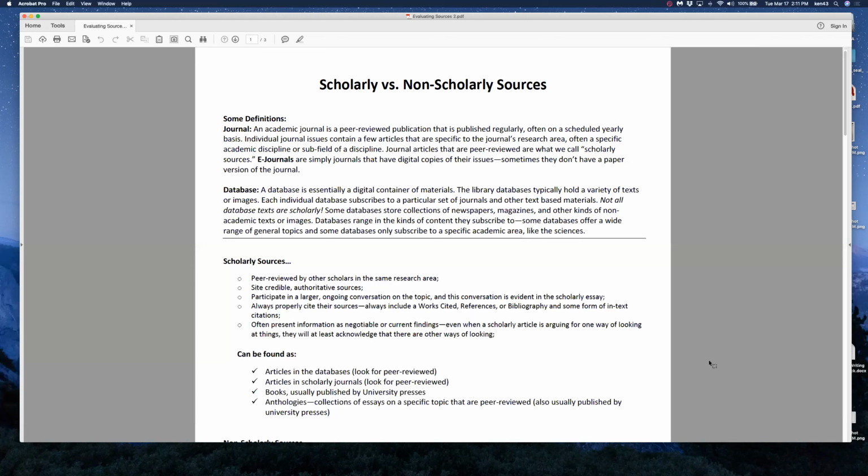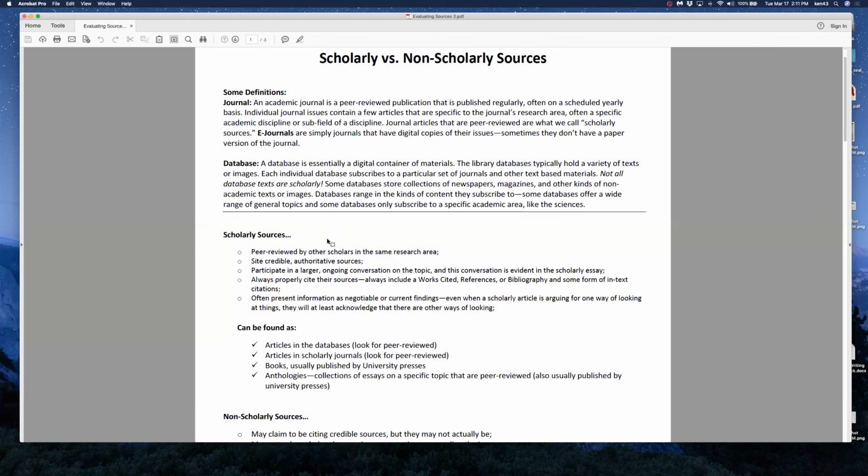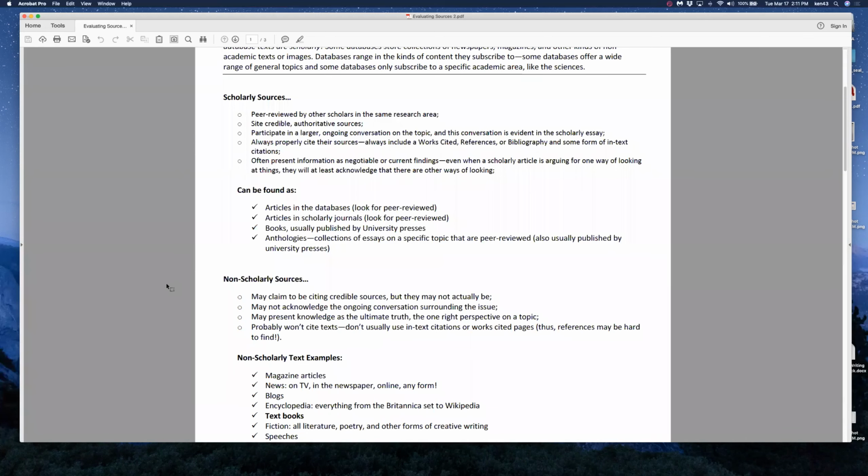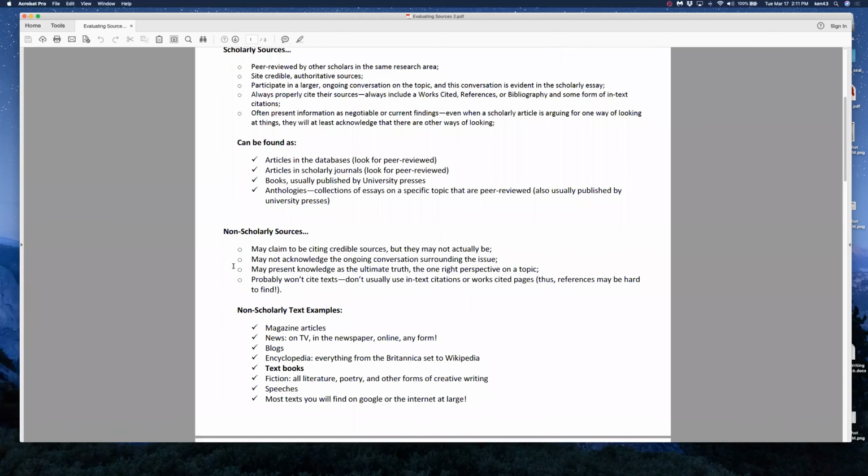But first, some explanations. So this is a handout you all have access to. And I'm going to start with what scholarly sources are and what non-scholarly sources are as well. So let's start with non-scholarly. Non-scholarly, some examples down here, is pretty much all normal texts that a non-academic person would read.